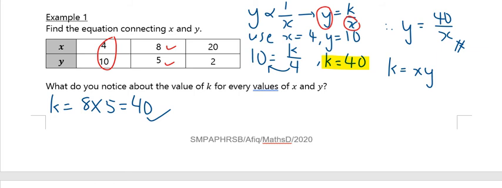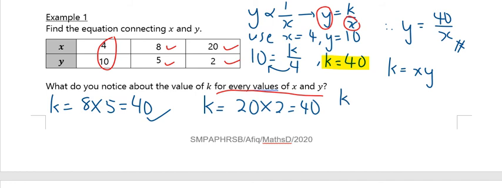Let's check the next one, x equals 20 and y equals 2. k equals 20 times 2, so 40. So we can conclude that for every value of x and y, k is the same.